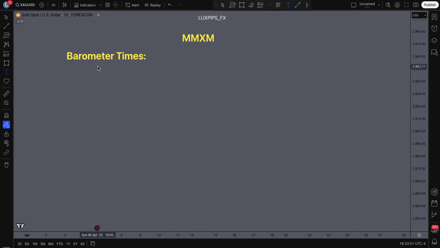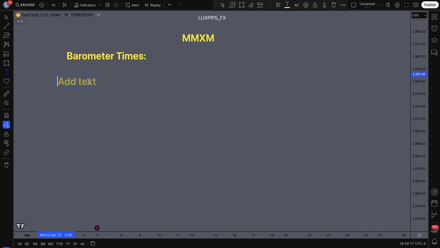But on gold, you can have 100 pips in like an hour if it lets you. You could put a smaller lot size and catch a bigger expansion than you would on other pairs. But enough of my personal opinions. I'm going to go with the barometer times.